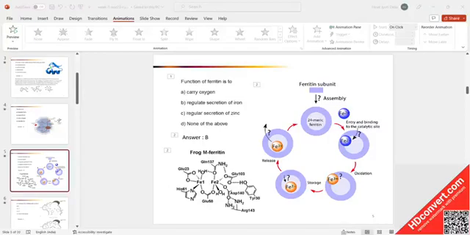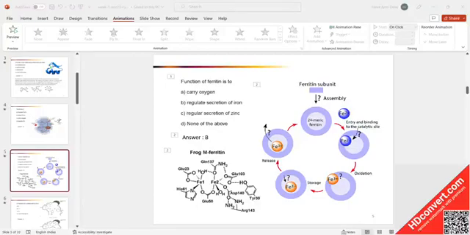So the iron in transferrin exists in the iron 3 state, and this is the molecule which transfers iron to various other enzymes in our body.